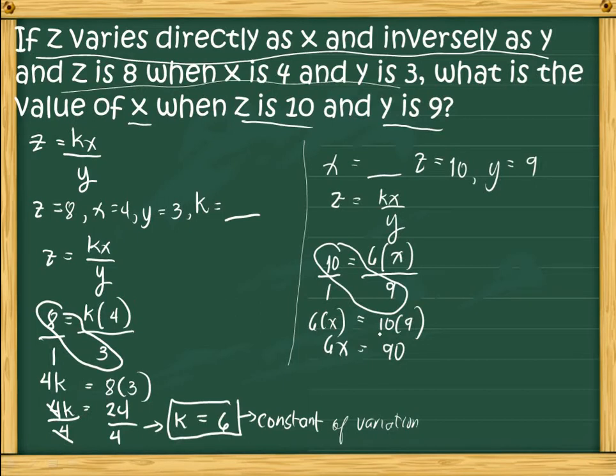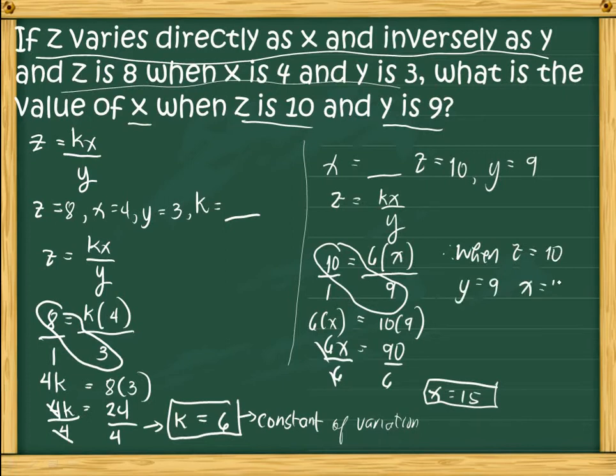So we need to eliminate 6 beside x. So divide both sides by 6. So x is equal to 15. Therefore, when z is equal to 10 and y is equal to 9, x is equal to 15.